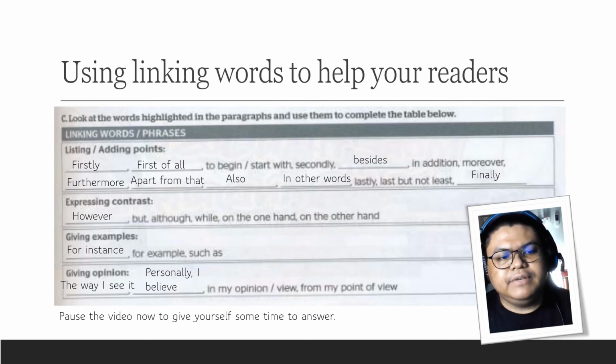Okay, we also have furthermore, apart from that, also, okay, in other words, okay, and if we want to end the list, then we have to use lastly, okay, last but not least, finally, right?